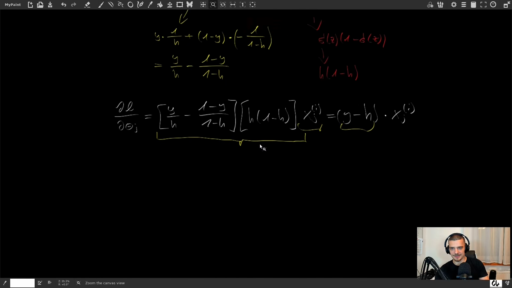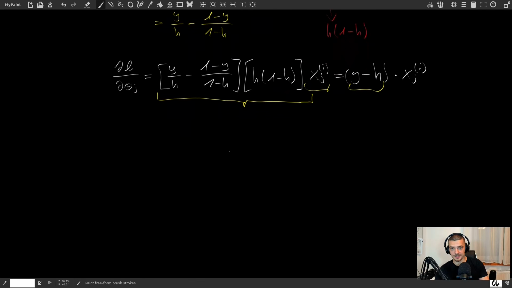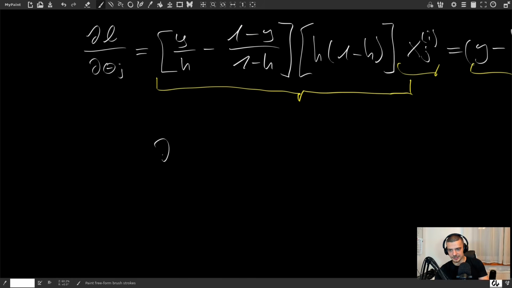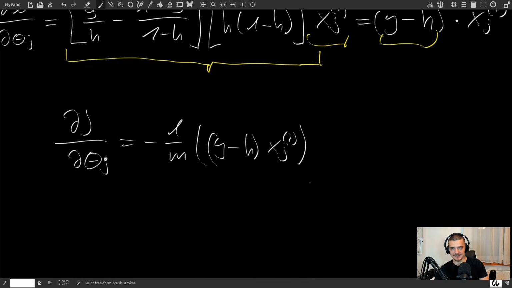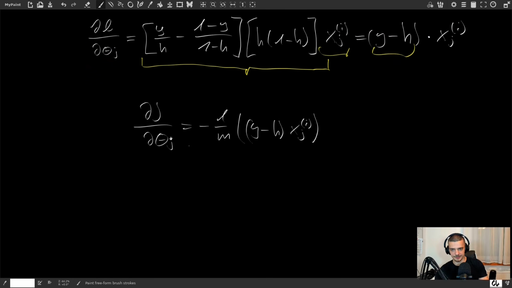That is the result. And now you can combine this, you can say, okay, this basically just means that the cross entropy loss, taking the derivative of the cross entropy loss with respect to a specific parameter, theta j, is just negative 1 over m times y minus h times xj I. That is the final derivative here.